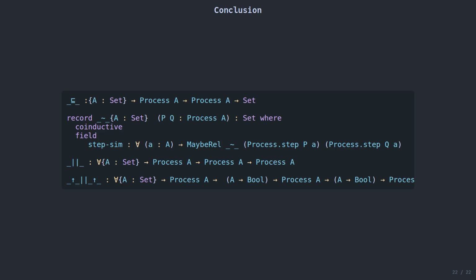After that, we looked at interaction between processes. First, in the simple lockstep setting, where both processes share the same alphabet. And then in the fully generalized concurrency operator, where processes may act independently or together depending on which events they understand.